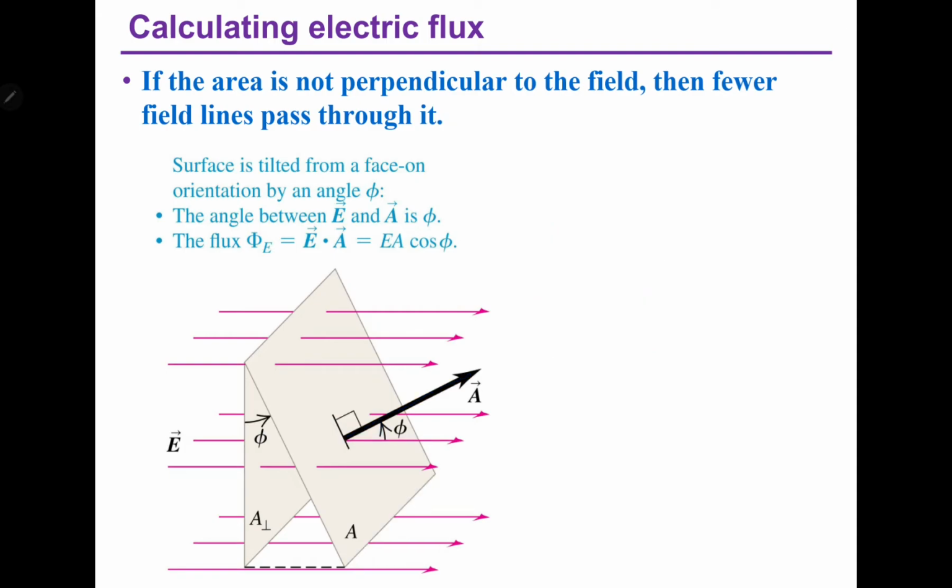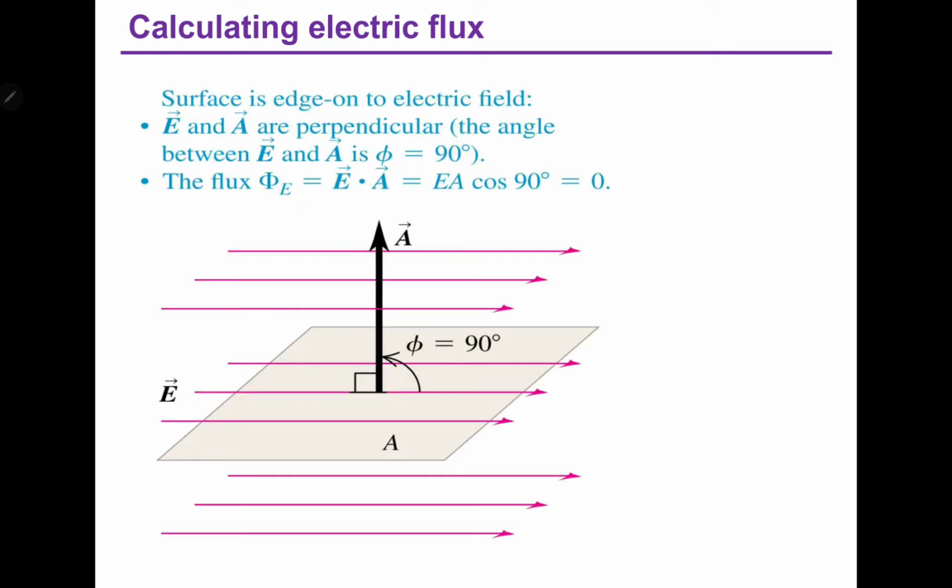Okay, let's see some other configurations, which is this configuration. Right now the vector A, which is the perpendicular line drawn through this surface, and electric field lines are going in this direction. The angle between these two, that is vector A and electric field lines, is 90.